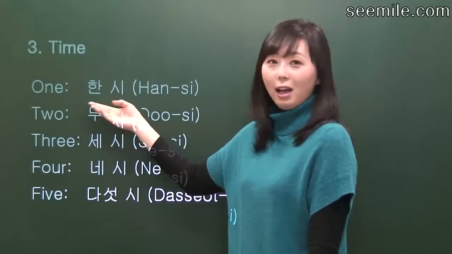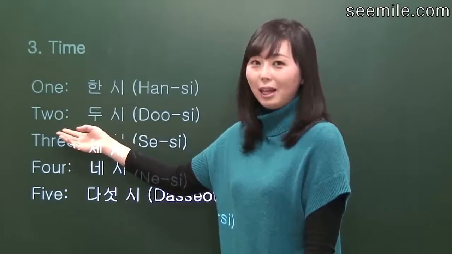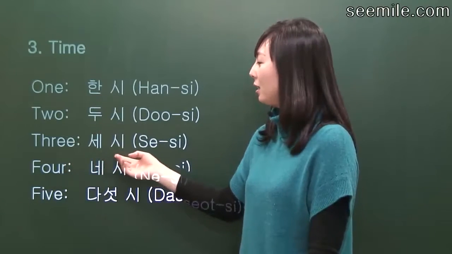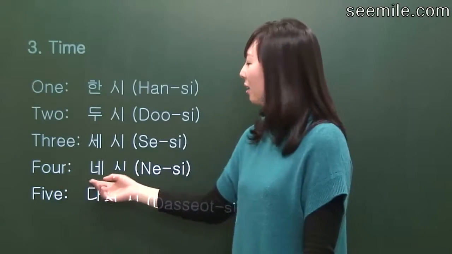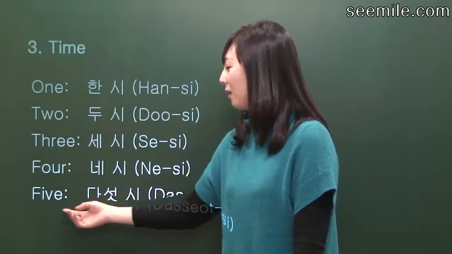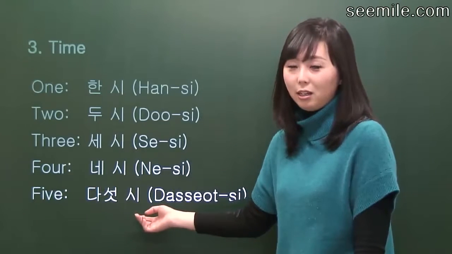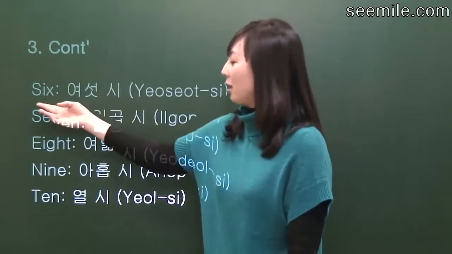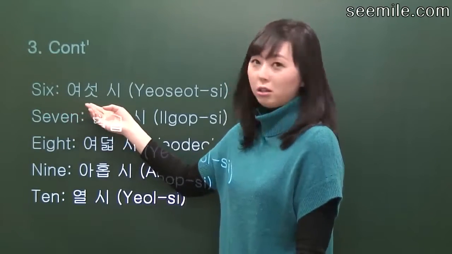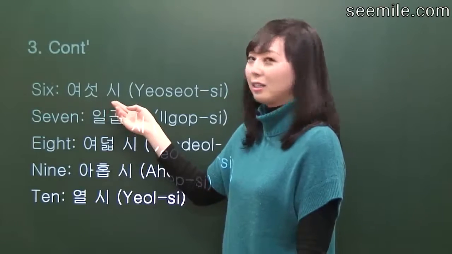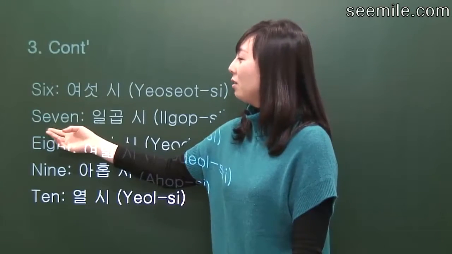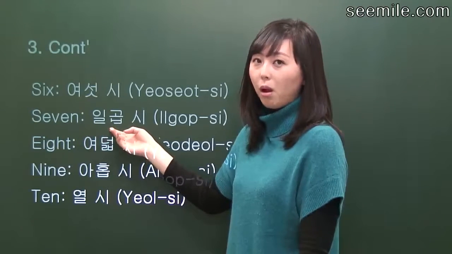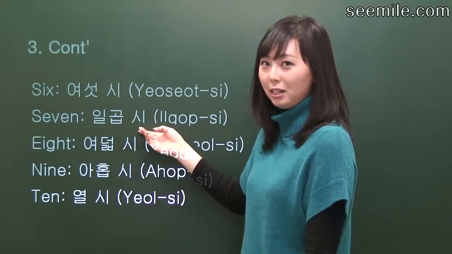Okay, one more time. 1 o'clock, 1시. 2 o'clock, 2시. 3 o'clock, 3시. 4 o'clock, 4시. 5 o'clock, 5시. Okay, and move on. 6, 6시. 7 o'clock, 7시.